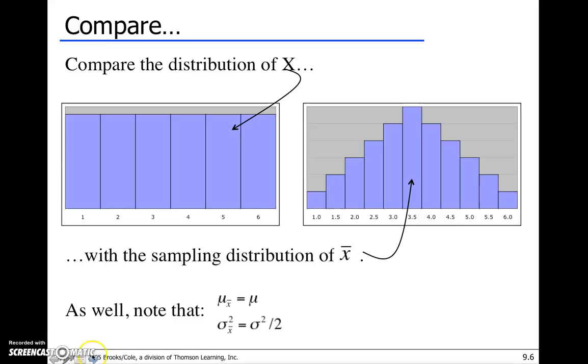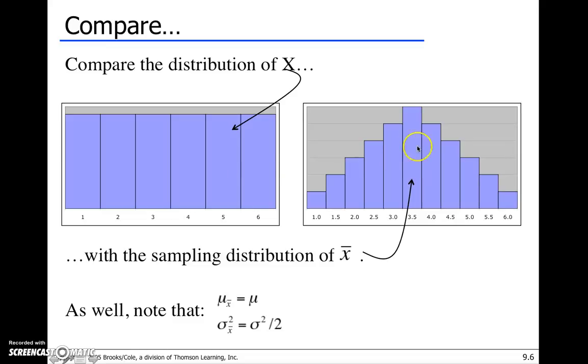Comparing the distributions, the distribution of x is uniform, and the distribution of x bar is normal. So the result is that the mu of x bar is equal to the population mean. The mean you get when you use 2 dice is the same as the mean for 1 die. The expected value for 1 die, E of x equals mu equals 3.5.